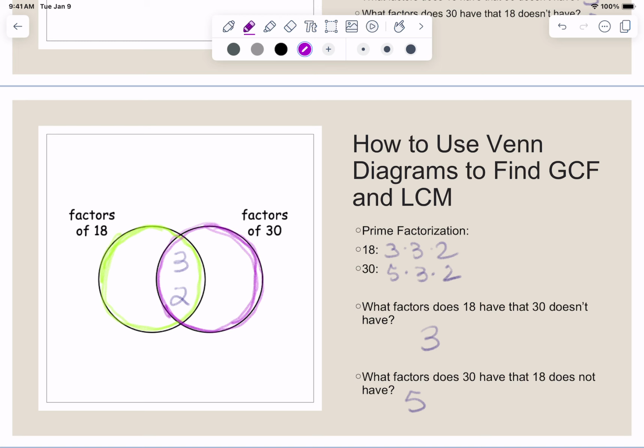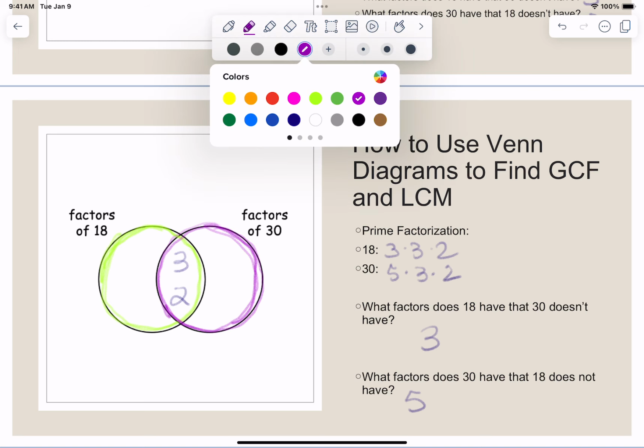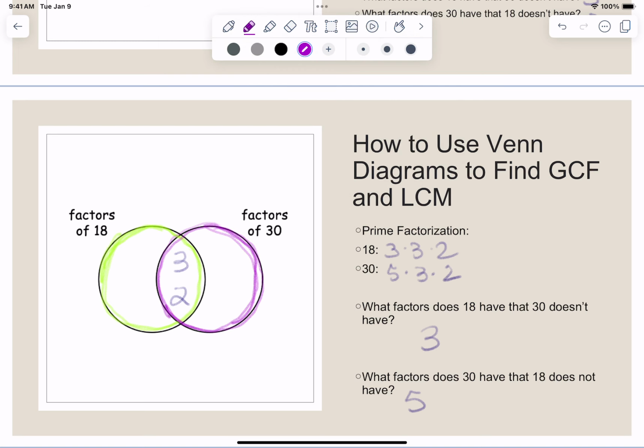So when I'm looking at this, I want to get all the numbers that multiply to 18 within that green circle. So that means that I can put this 3 over here inside the circle for 18. And if I multiply those numbers together, I get 3 times 3 times 2, and that's going to give me 18. And then this 5 over here needs to be in my purple circle because all the numbers inside my purple circle are going to multiply together to make 30.